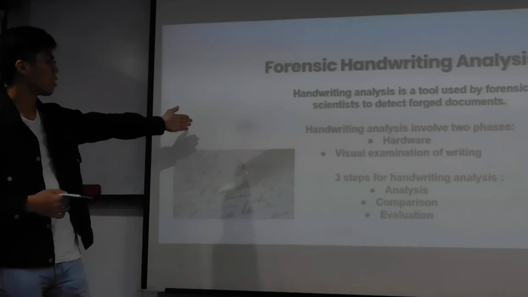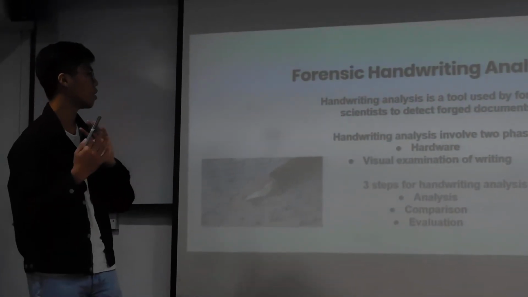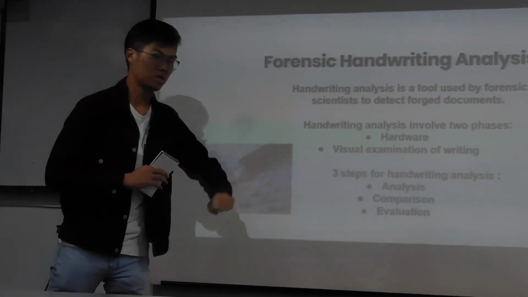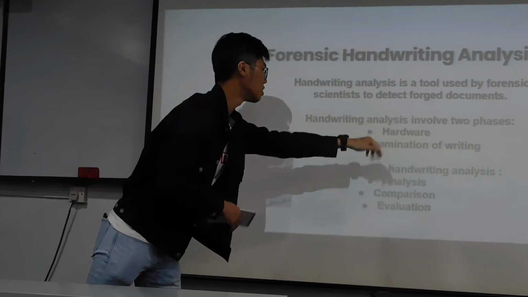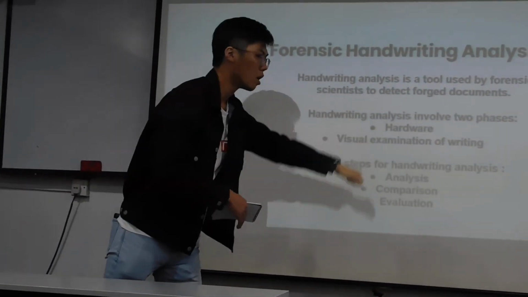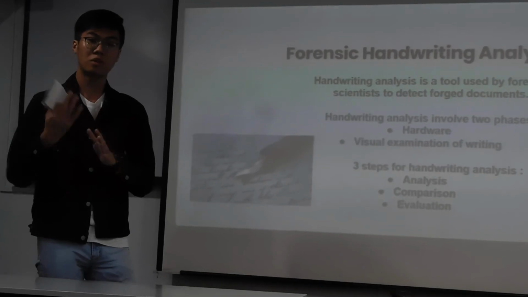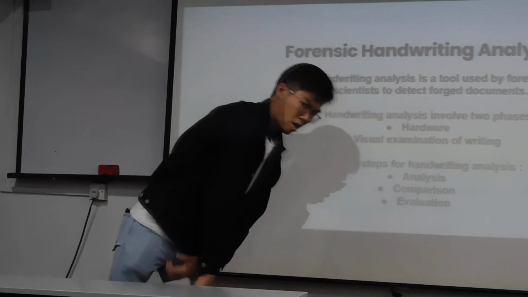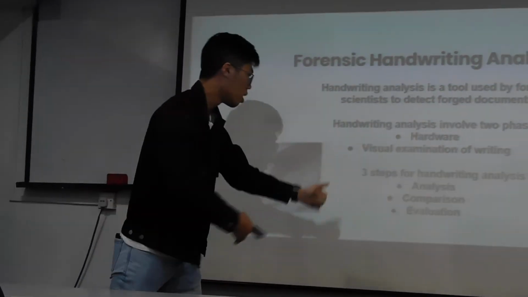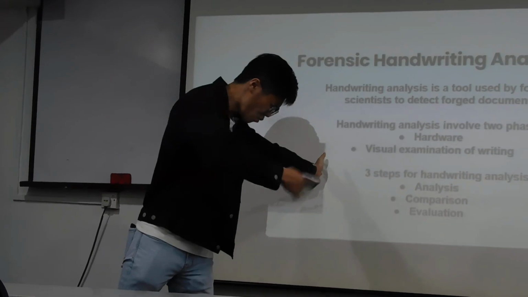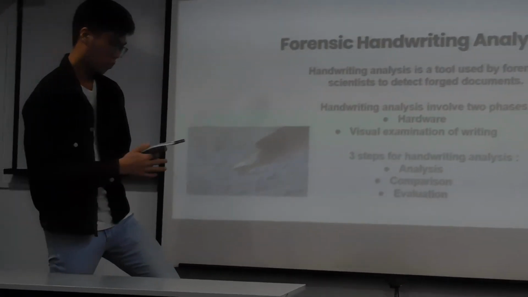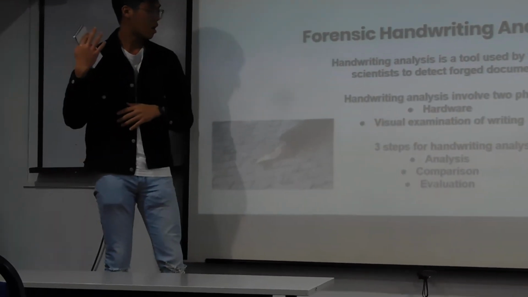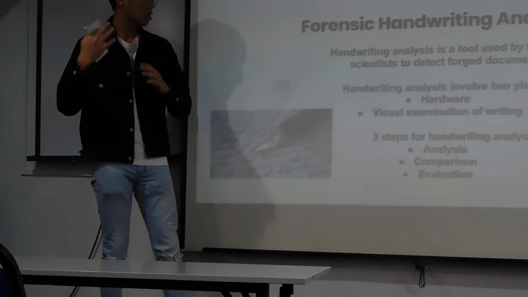First, they will analyze handwriting in two phases. There is a hardware and visual explanation of writing. Hardware will be inks, pens: what pen they use, what paper they use. The visual explanation of writing is like what I'm saying just now, the writing characteristics, which the forensic scientists analyze.